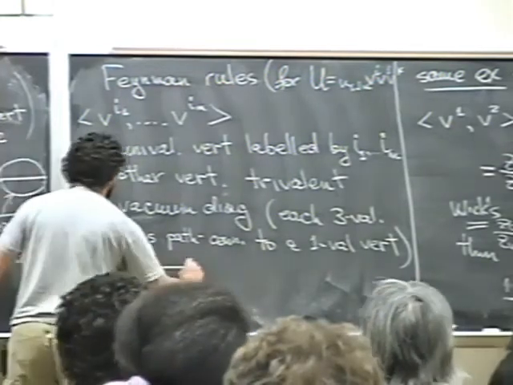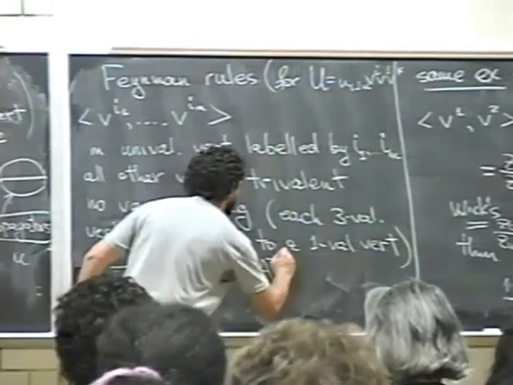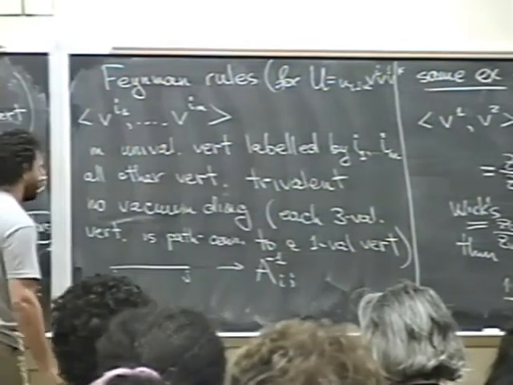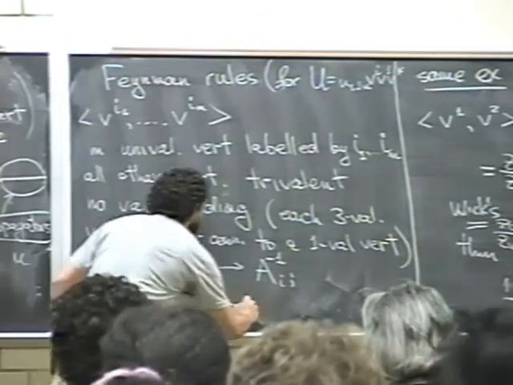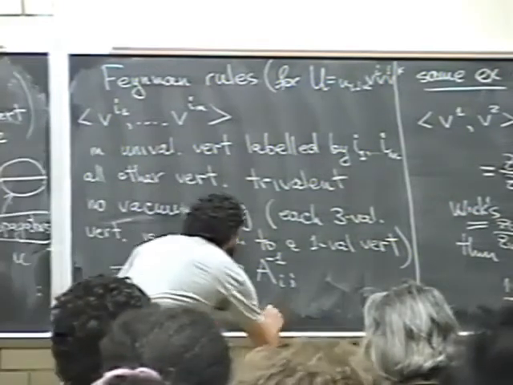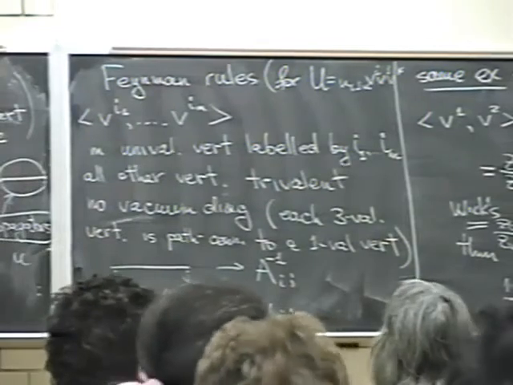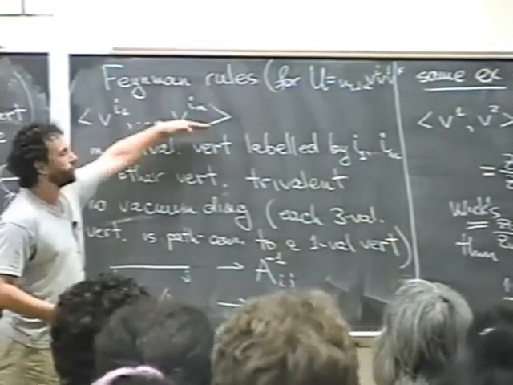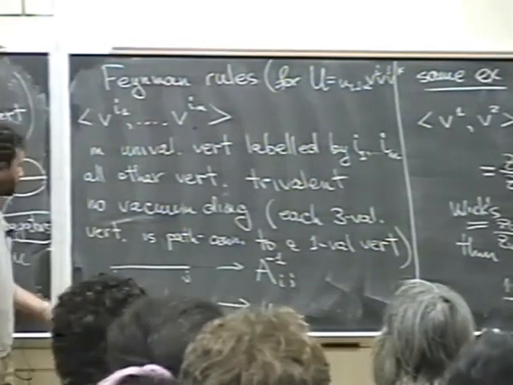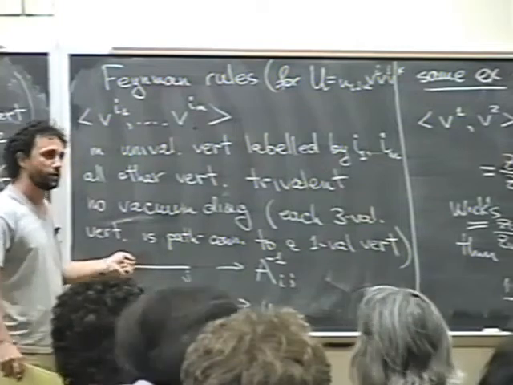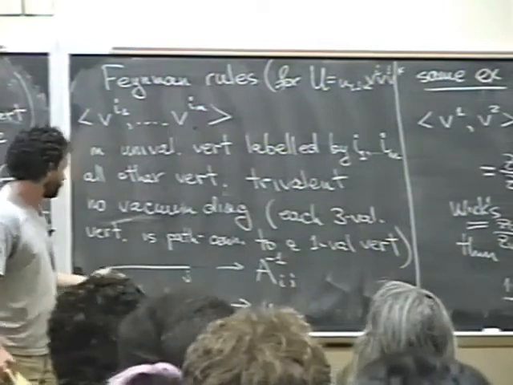And as I said before, for each edge labeled by ij, you write the term A inverse ij, and to each trivalent vertex labeled by ijk, you write a factor of u_ijk. So these are the Feynman rules in this example. They tell you how to compute the m-point function. The univalent vertices are just there, labeled by these i's.